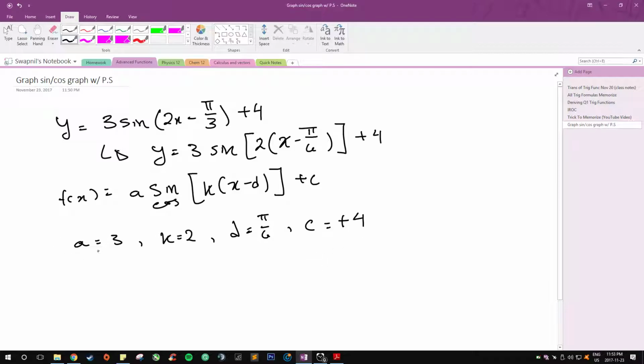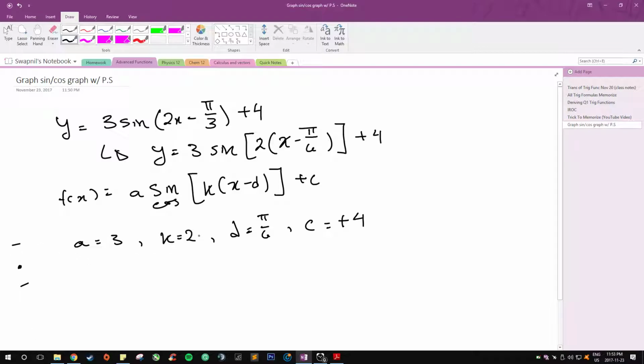So what do these mean? Well, a is going to give you a vertical stretch by a factor of 3. What it really means is that in a normal sine graph it'll go from 1 to -1, and that's 0 right there. In this graph it'll go from 3 to -3 with 0.